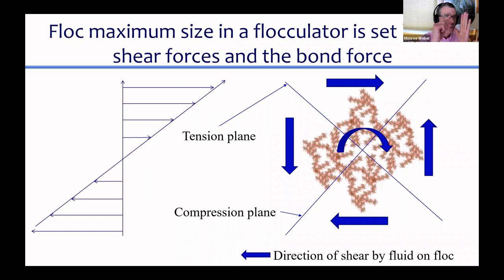That's when one of those little coagulant nanoparticles gets pulled off of a clay particle because the bond wasn't strong enough. So there's a tension plane, and if the velocity gradient is high enough, the tension on that tension plane will be large enough to break the floc apart.